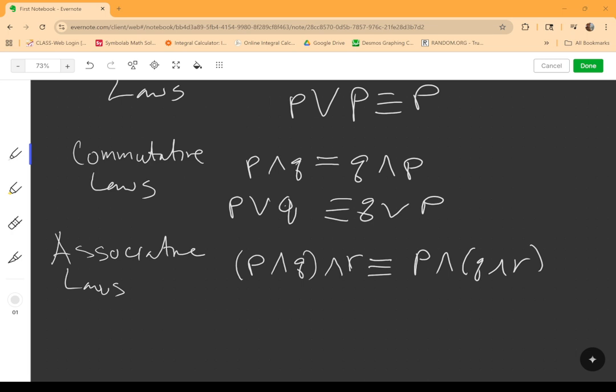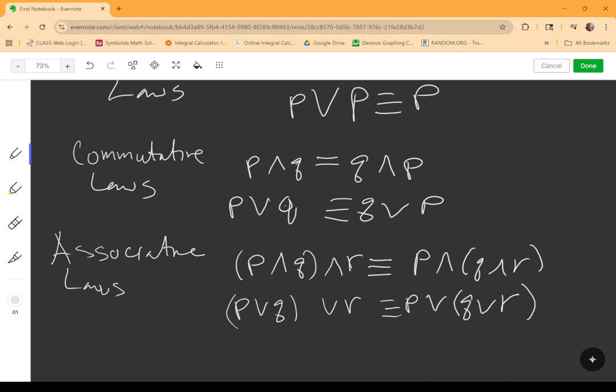And the same works vice versa for the and: P and Q and R is logically equivalent to P and Q and R, regrouped.